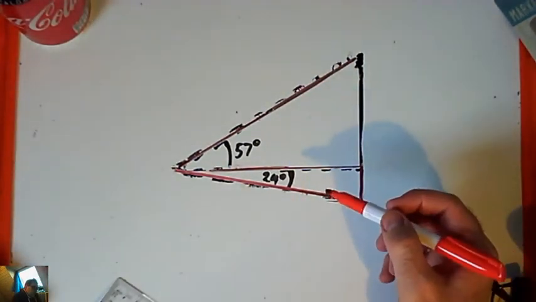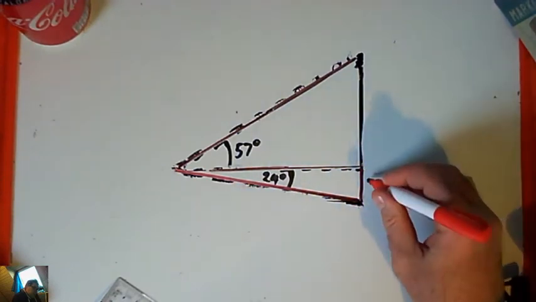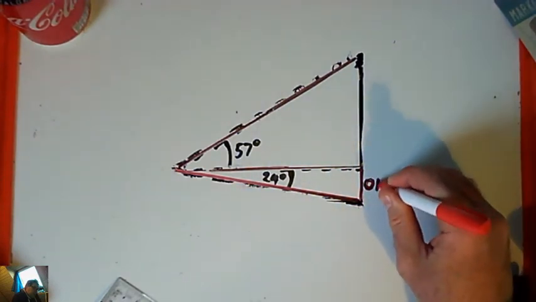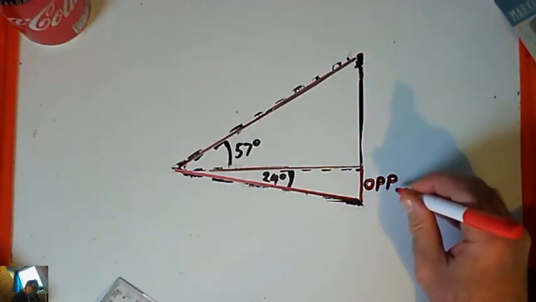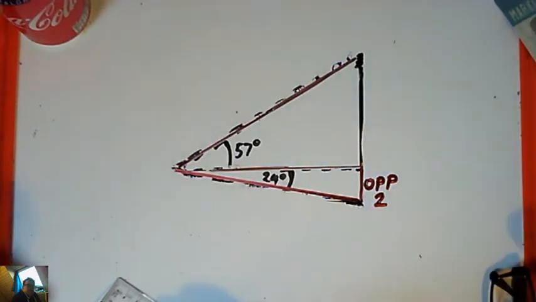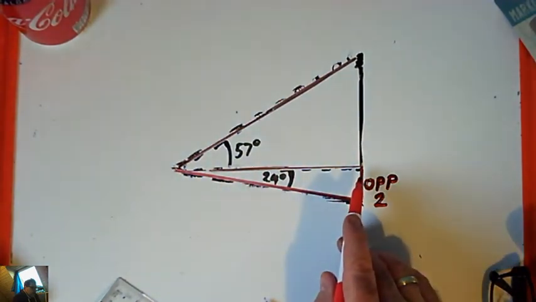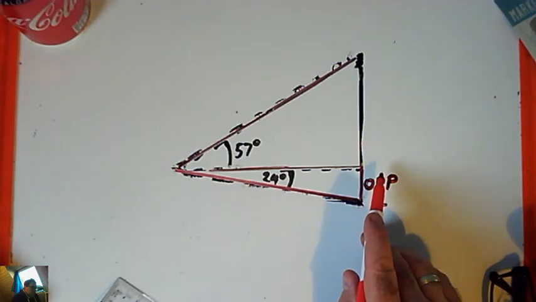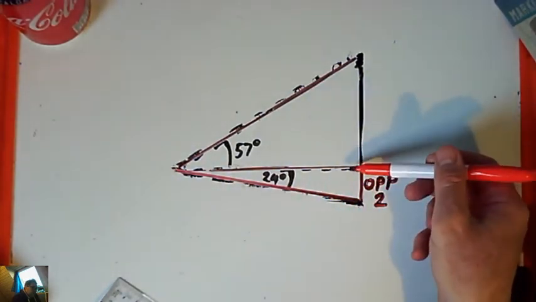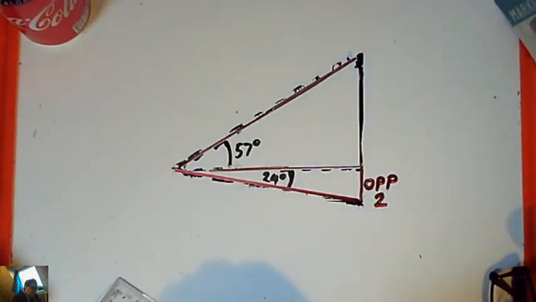Okay, so in the bottom triangle, you've got 24 degrees. You've got the opposite side to the 24 degrees, which we know to be 2 meters, because it's the height of the man. We'd like to figure out how far the man is from the building, horizontally from his eyes, because that distance is also in the other triangle, and it will help us with the other triangle.